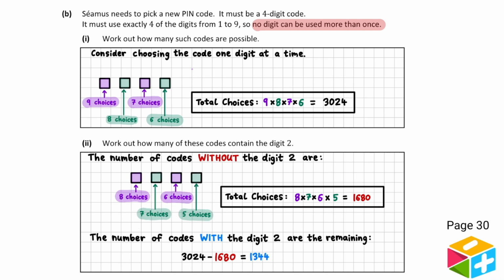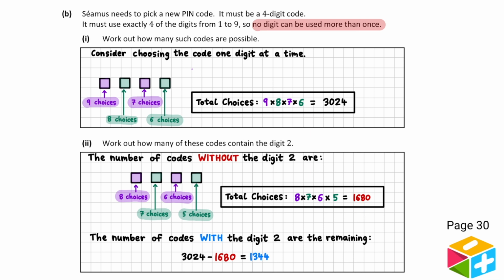This is due to the fact that we're not allowed repeated digits. So each time we write a digit in the box, it rules that out as a choice for future boxes. So the total choices for the number of codes without the digit 2 will be 8 by 7 by 6 by 5, which is 1680.